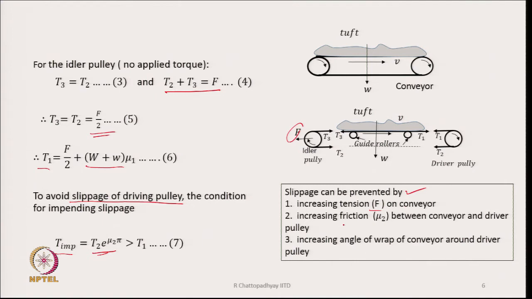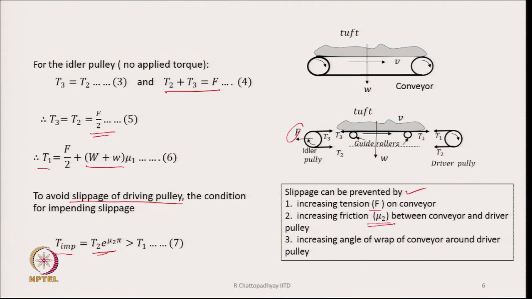The other thing is increasing the frictional coefficient mu 2 between the conveyor and the driver pulley. That is another way of changing, but once we have decided the material of a pulley and also fixed a conveyor, then mu 2 cannot be changed.